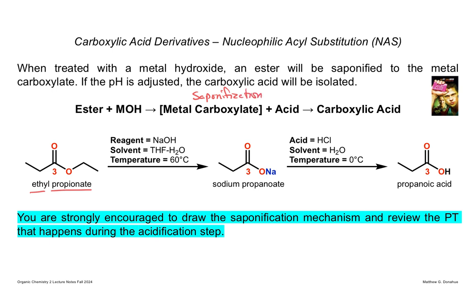And this is under basic conditions. So an ester plus sodium hydroxide will form this salt. You can isolate the salt, or if you adjust the pH with HCl, you can re-isolate the acid.